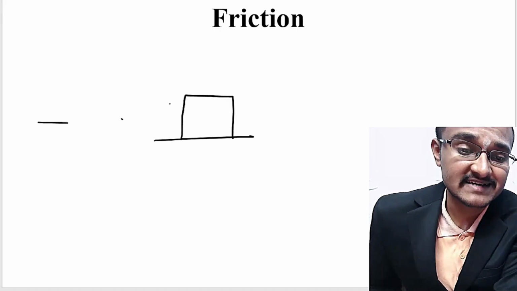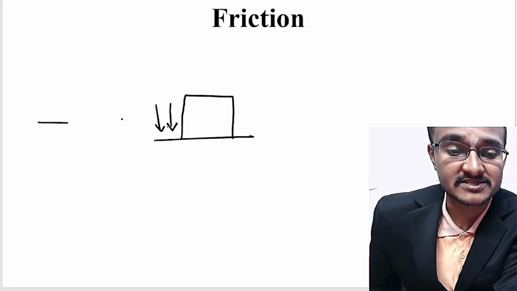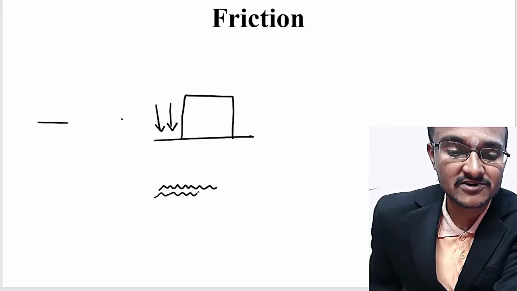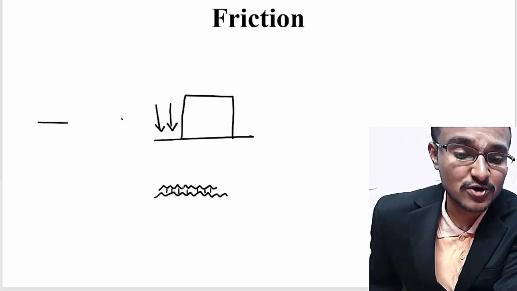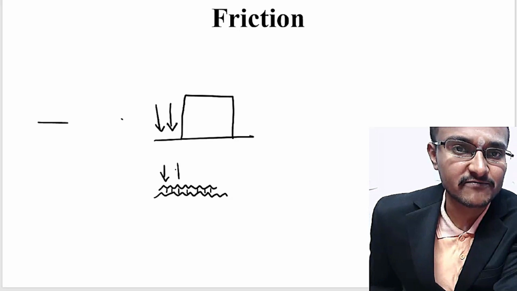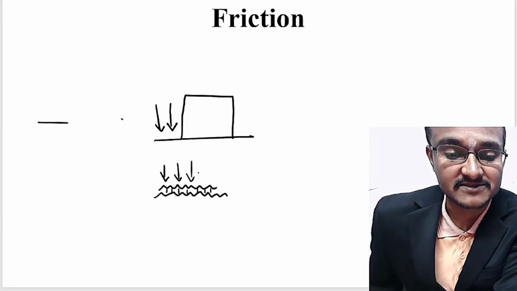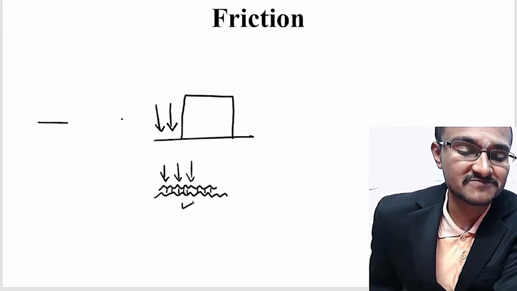Why? Because the object has a lot of mass, hence it applies a lot of weight on the surface. The irregularities of this object and the irregularities of the surface on which it is kept produce friction between these two objects, and since this object has a lot of mass, which applies a lot of weight on the surface, this increases the friction between them.